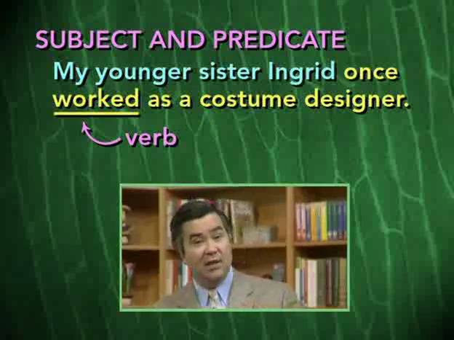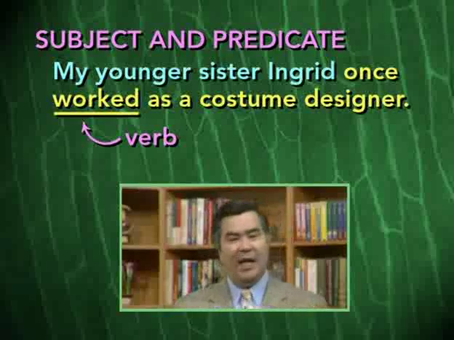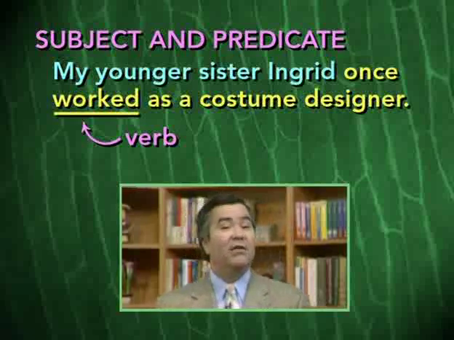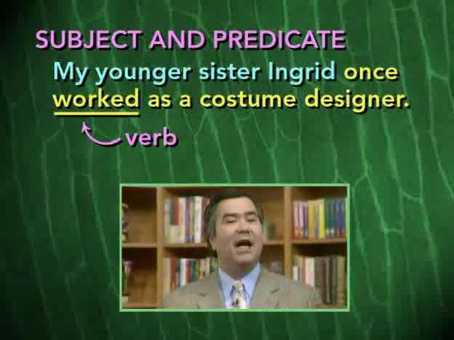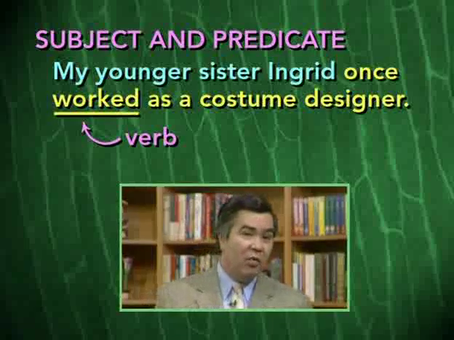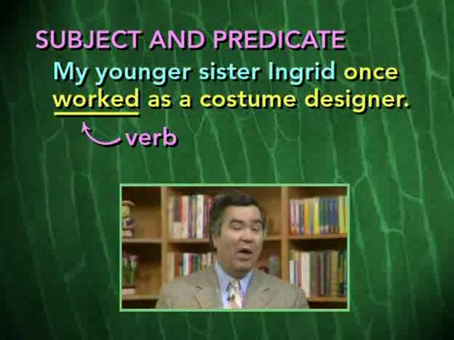Notice that all the other words in the predicate give us more information about what Ingrid did. The word once, for example, tells us when she did it, at one time in the past. And the words as a costume designer give us more information about exactly how she worked, what kind of job she worked at. So all the other words in the predicate are there to give us more information about what Ingrid did.